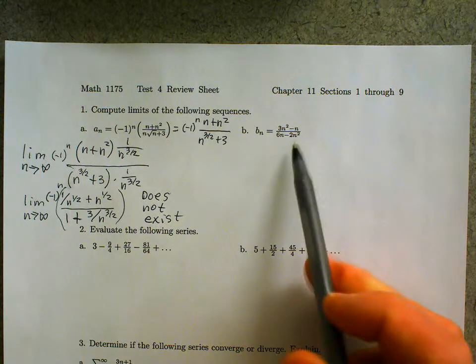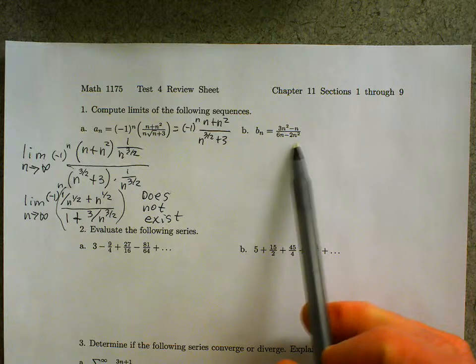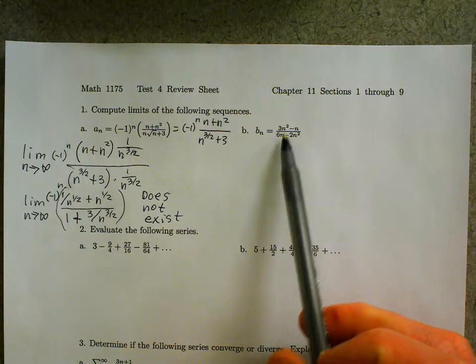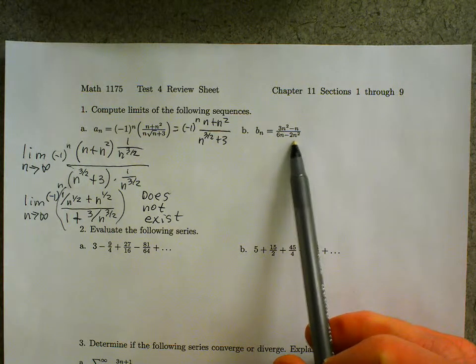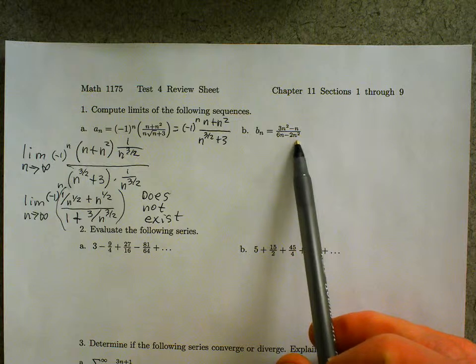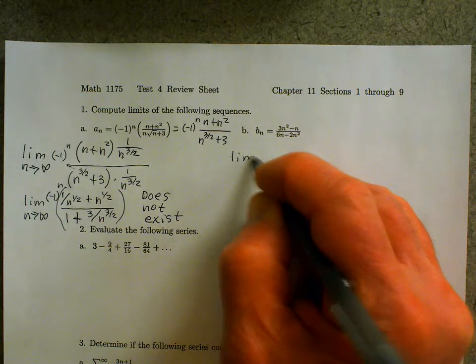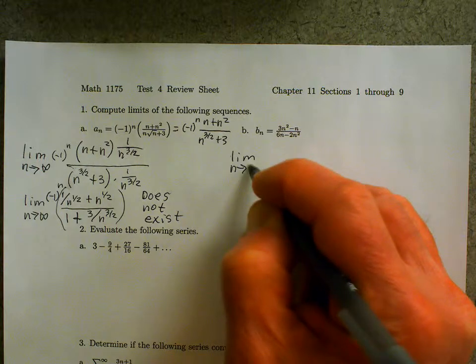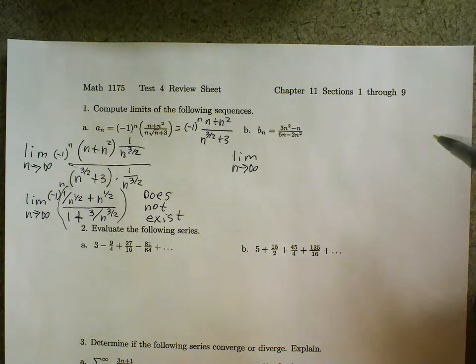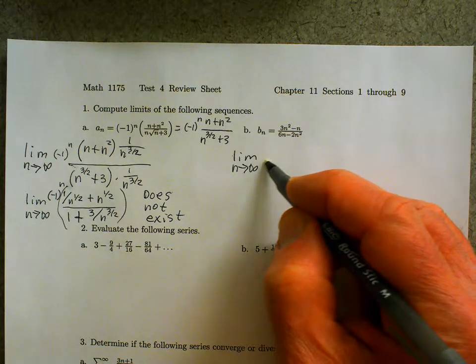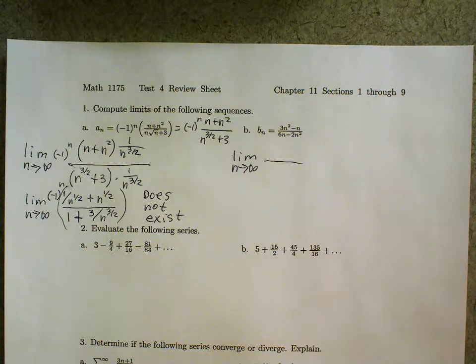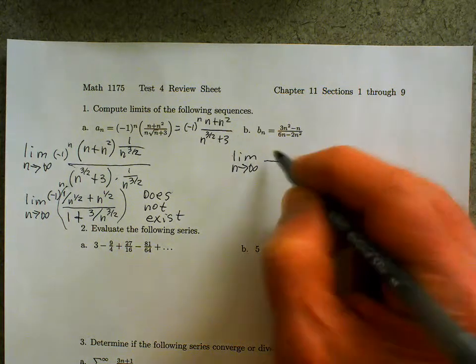The next one is not quite as tedious. Notice that both the numerator and denominator have n to the second for the term with the largest exponent. So when we compute this limit, multiply by 1 in the form 1 over n squared over 1 over n squared.